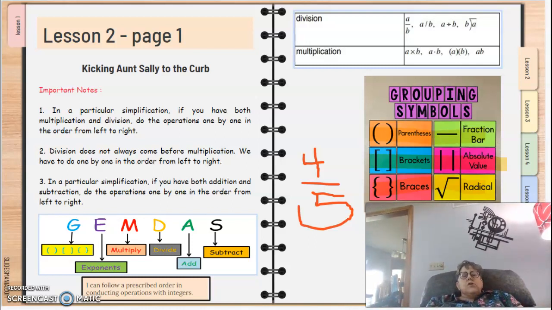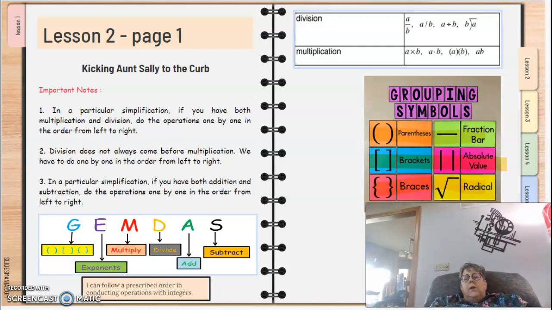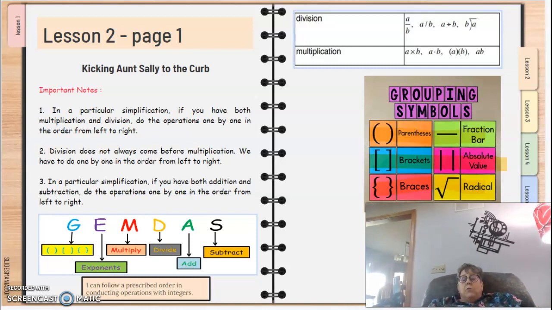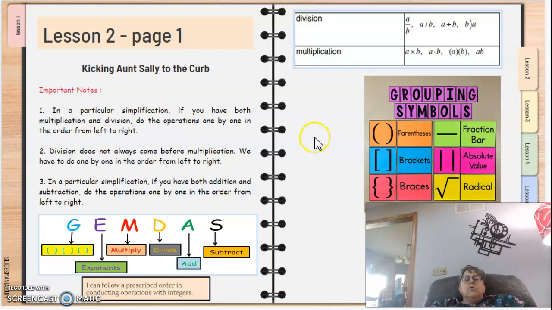Very important, especially as we get later into algebra, to remember that. The other one that is not intuitive would be the radical sign. Most often it's a square root. Everything underneath the radical sign must be taken care of before you can do anything else. So really, GEMDAS is simply PEMDAS with parentheses changed to different types of grouping.